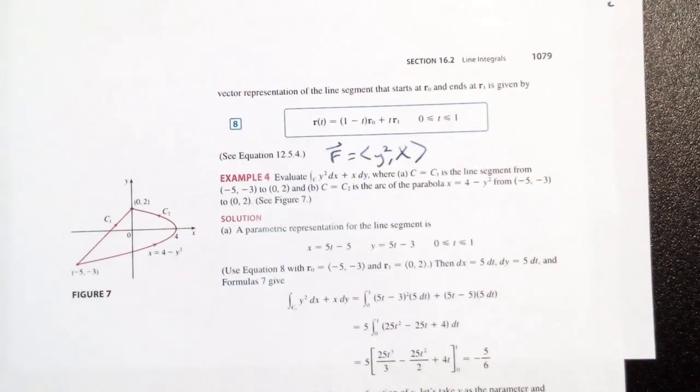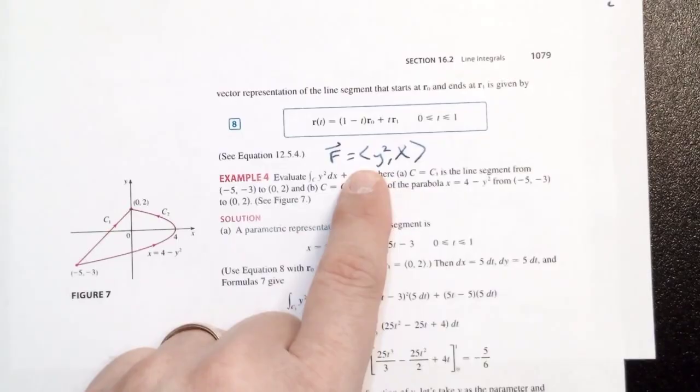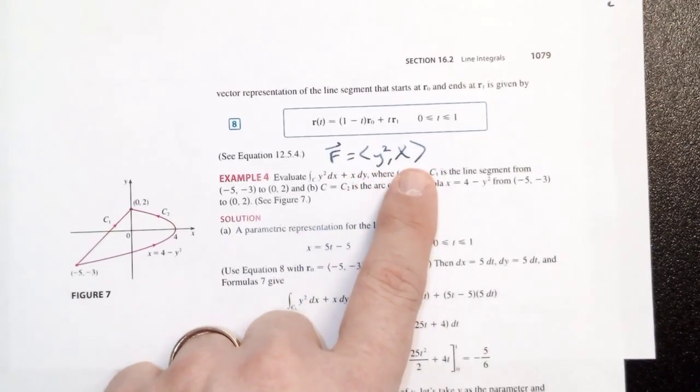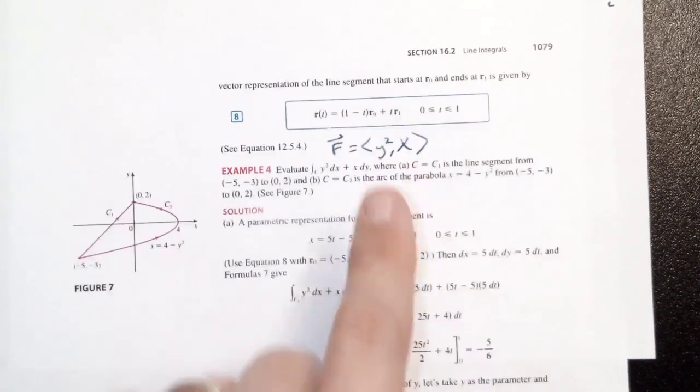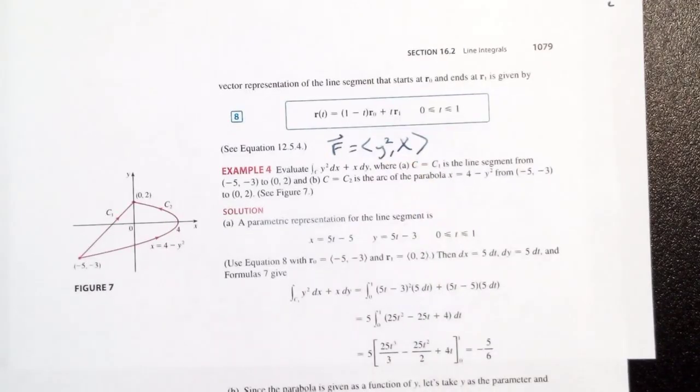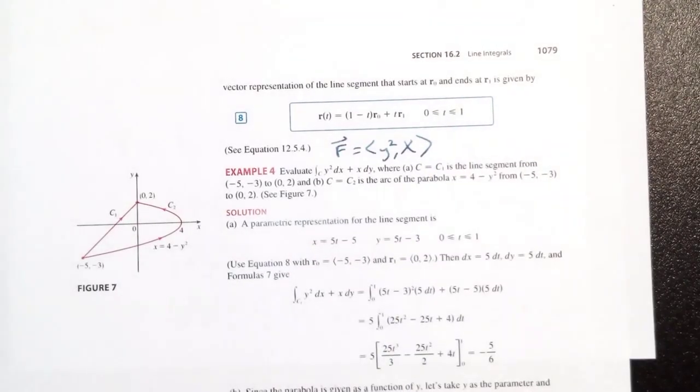If you tried to do the integrals here, you'd integrate this one with respect to x, you'd get xy squared. You'd integrate this one with respect to y, you'd get xy. Do those match? Can you fill the wrong pieces into the constants on the other side? No. So this is not a conservative vector field.